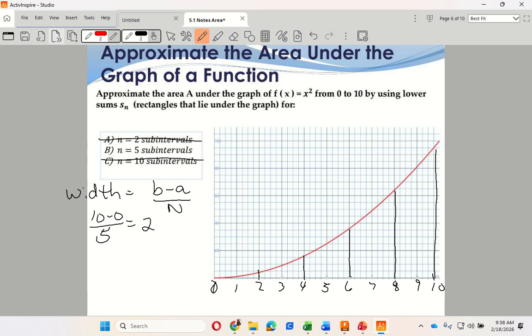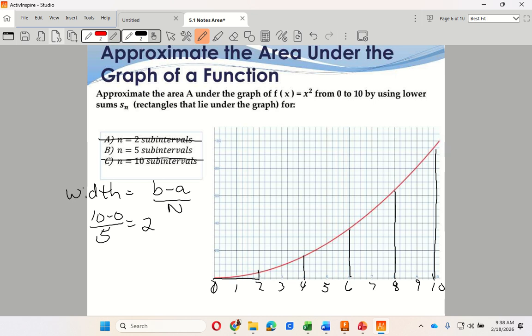All right, so we got our width. Okay, so lower sums. Let's look at our first rectangle. Lower sum, what's going to be the height? Zero.